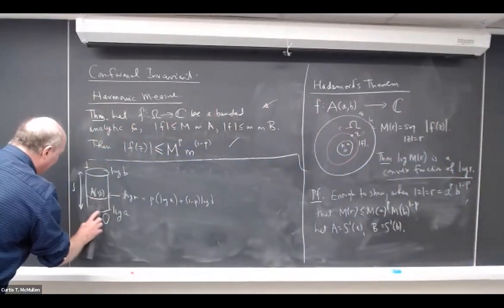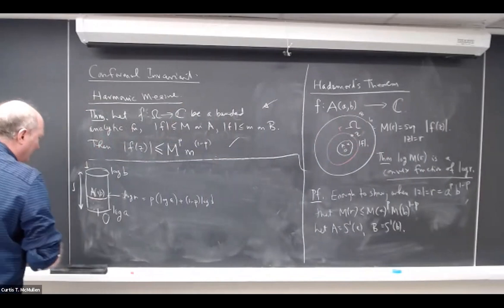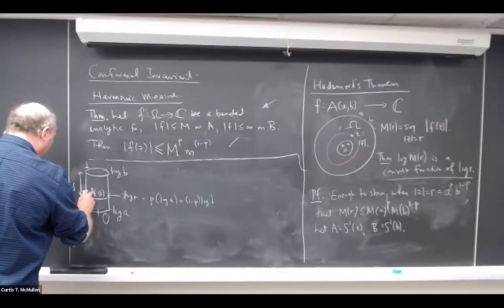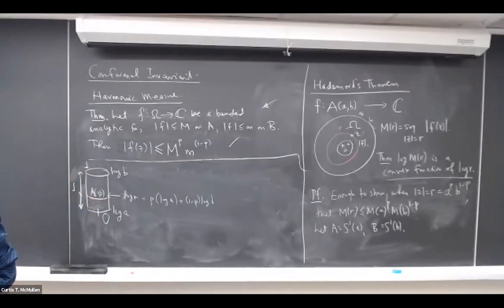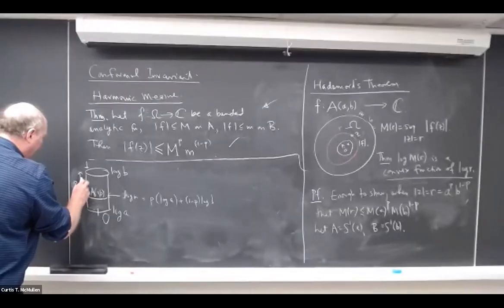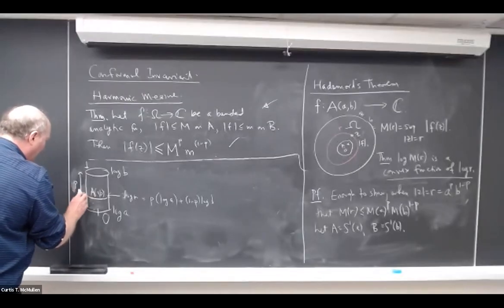Right, if this vertical distance is 1, then the distance from the top down to where we are is p.